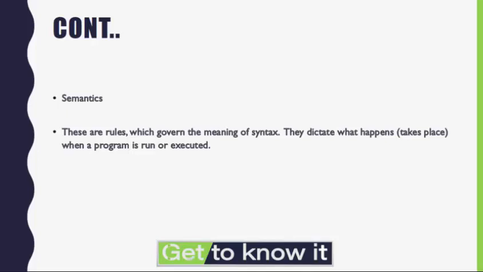Why do we have to write it like this, and not like that? So semantics govern the meaning of a syntax, or of a certain rule. This dictates what happens or takes place when a program is run or executed.